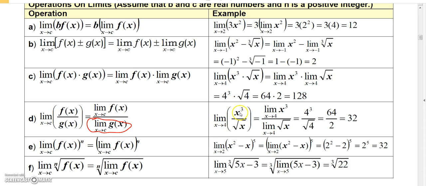So the limit of x cubed divided by square root of x would be the same as the limit of x cubed divided by the limit of square root of x, and of course as x approaches 4 in both cases. So the limit of x cubed as x approaches 4 is 4 cubed, and the limit of square root of x as x approaches 4 is square root of 4. So in this case you get 64 divided by 2, which is 32.